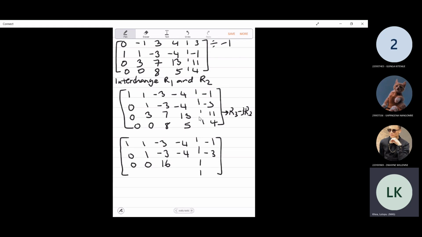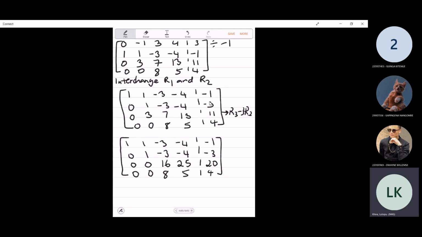This gives us 25. And then 11 minus negative 9, which gives us 20. And then our last row, we just keep it like that, 0, 0, 8, 5, 4.